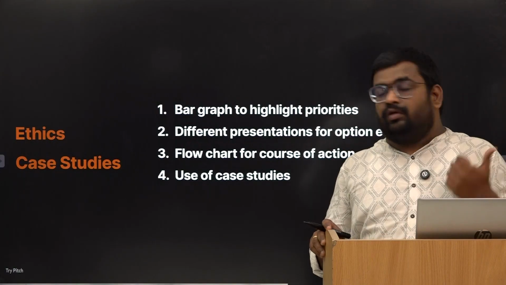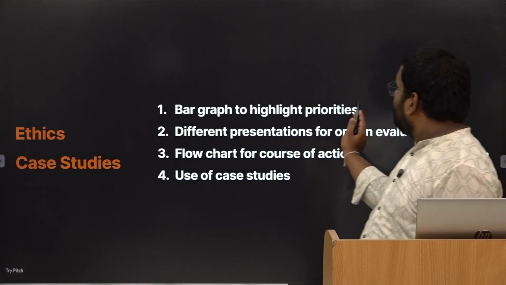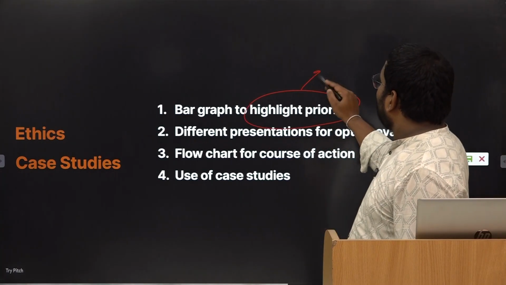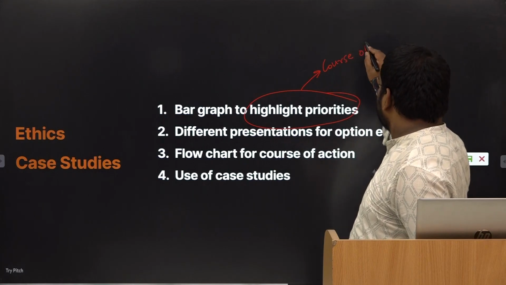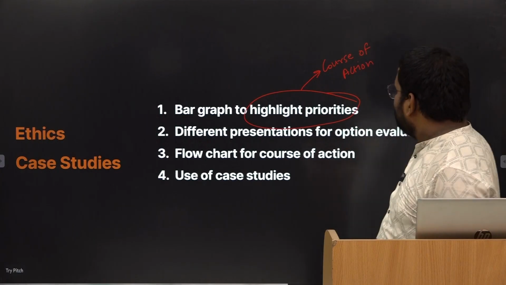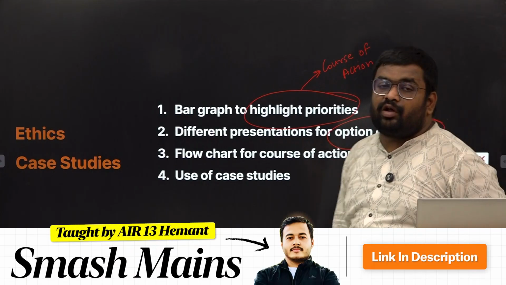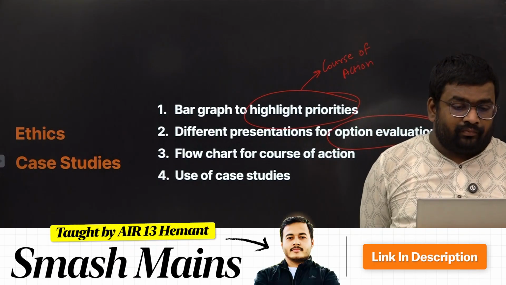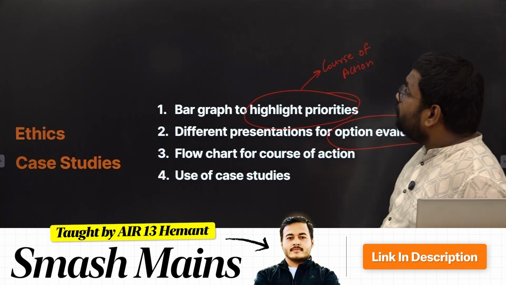Okay, first of all, you can use a bar graph to highlight your priorities whenever you are giving your course of action. The second, wherever you are evaluating the options, that is whenever you are providing the merits and demerits, you can use a different kind of presentation or structure.